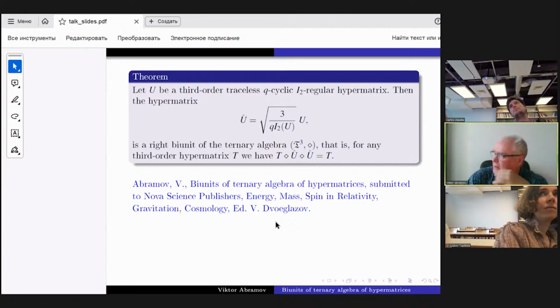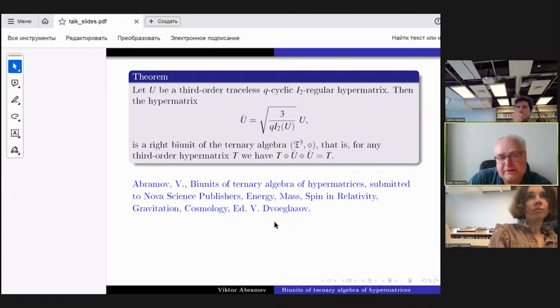My idea was that these ternary products are very fundamental, and some geometric objects, like a metric, like invariants, can be generated by these ternary products of the hypermatrices.